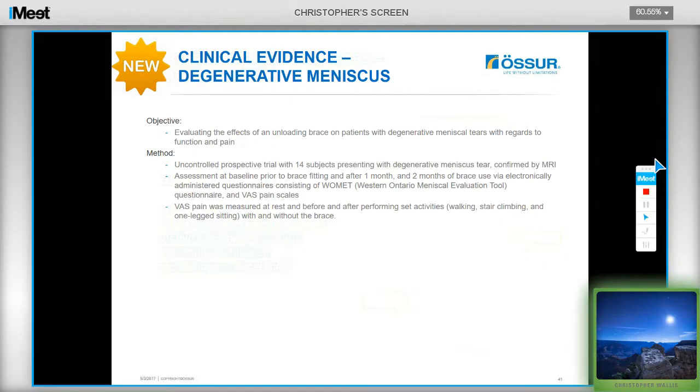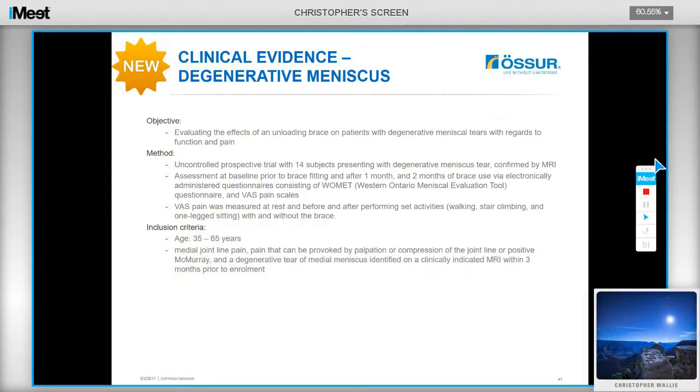They were assessed at baseline and then after 1 month and 2 months of brace use using the WOMAT, a disease-specific health quality of life measurement tool, similar to WOMAC, which is used for knee osteoarthritis, and also the visual analog scale for pain. So we're looking at pain and quality of life outcomes here.